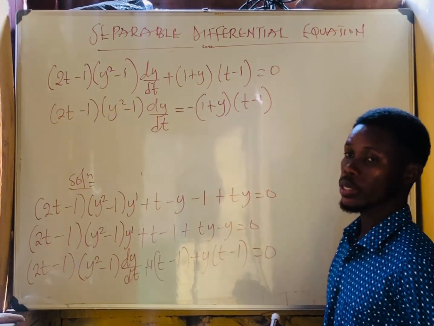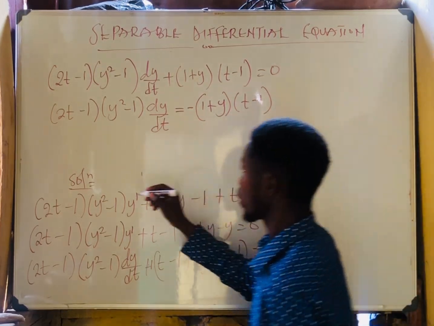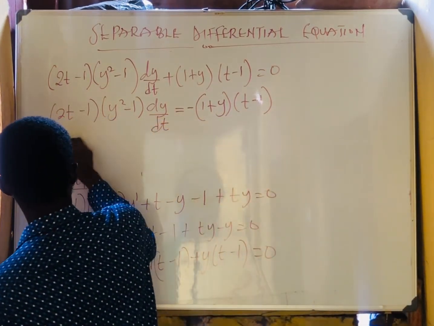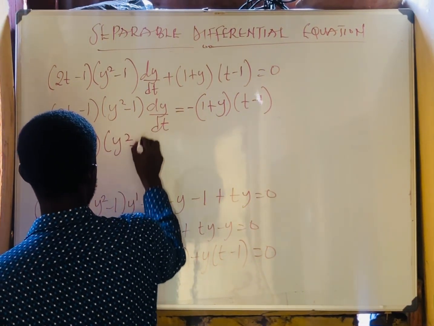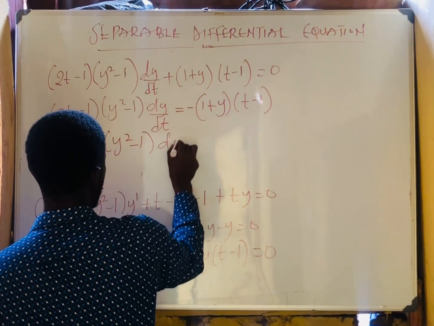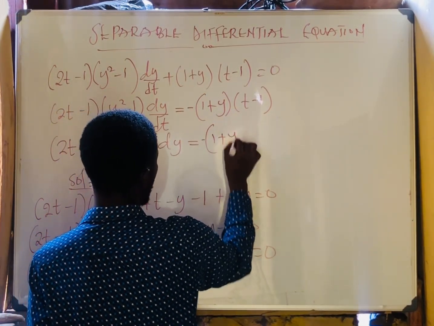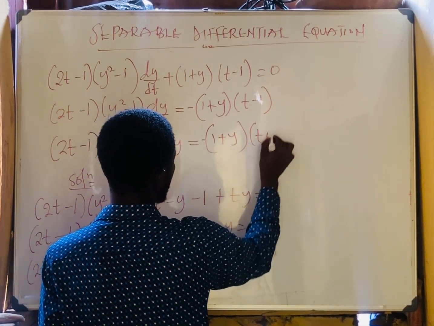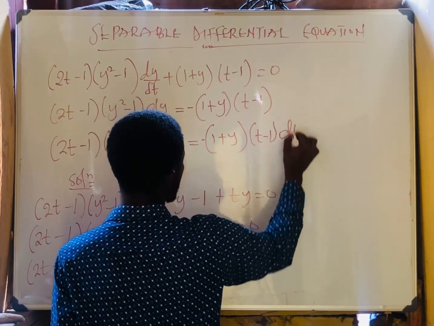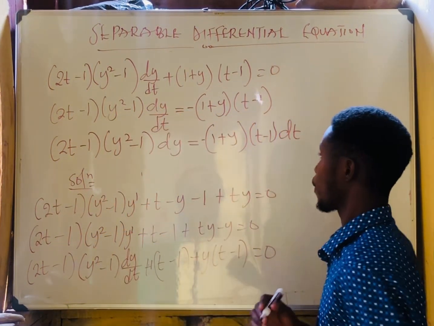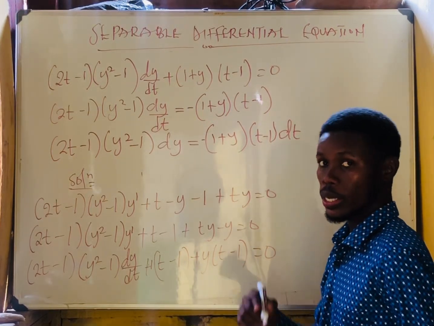So now that we have this, I can send this one here. That's cross multiplication. So that I'll have 2t minus 1 y squared minus 1 dy equals negative 1 plus y t minus 1 dt. Is that okay?